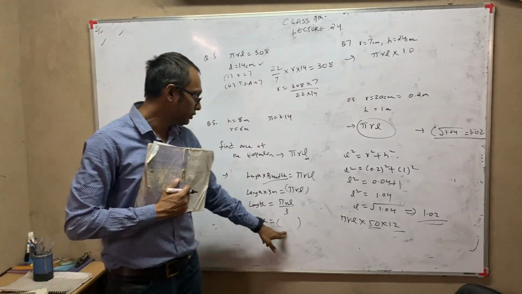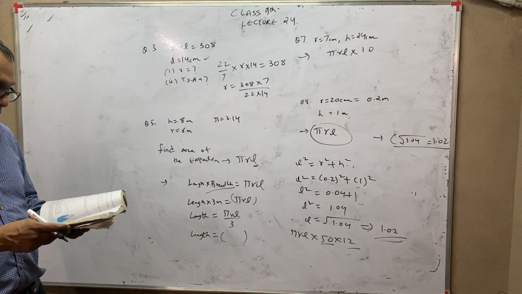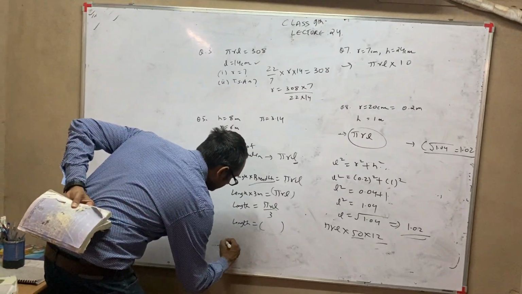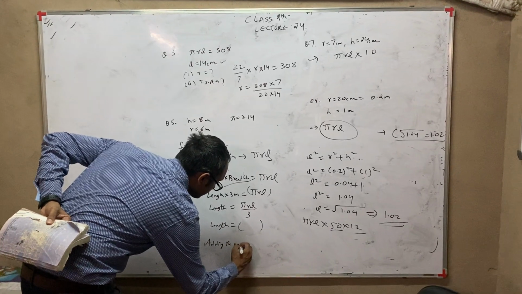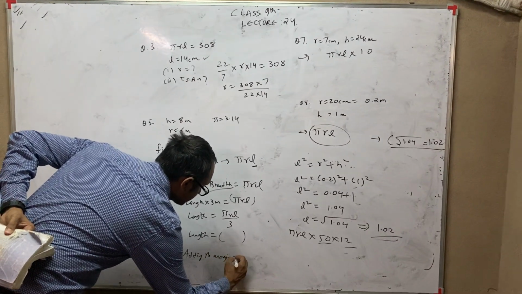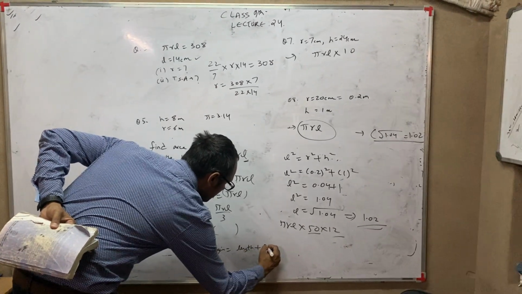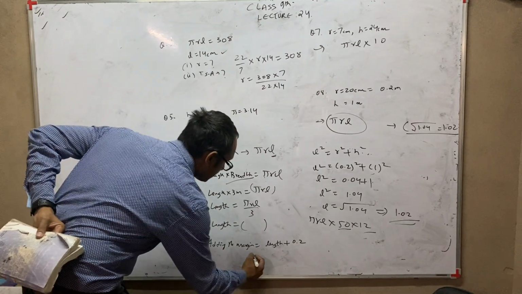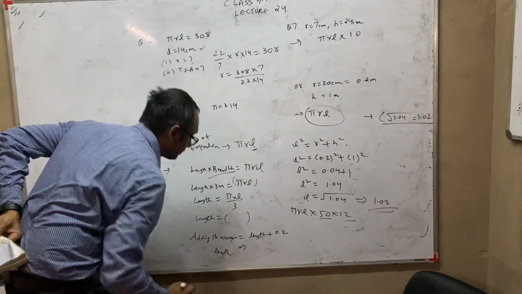Now whatever value you get, in the end he has said there is a margin of 20 centimeter. Now here everything is in meter, so adding the margin, basically whatever length you get, add 0.2 to that, because 20 centimeter when we convert you get 0.2, so this will be the required length.